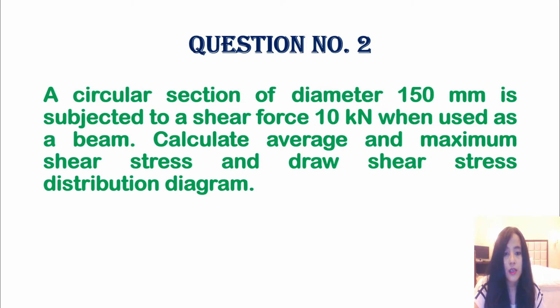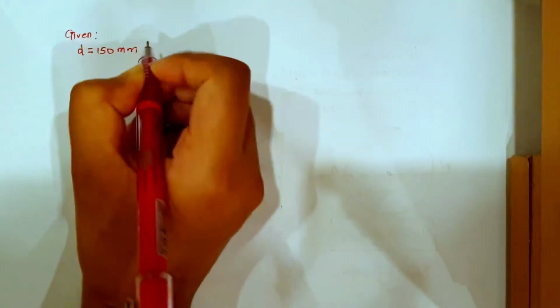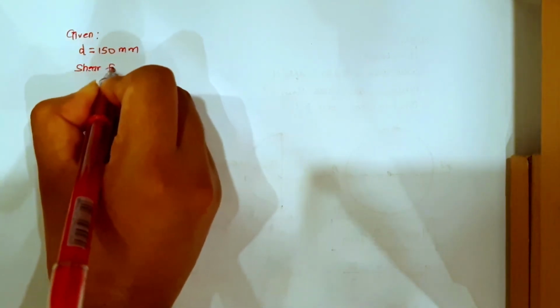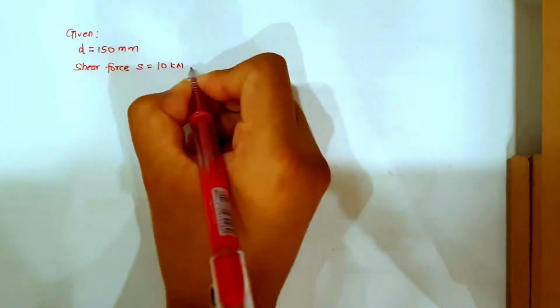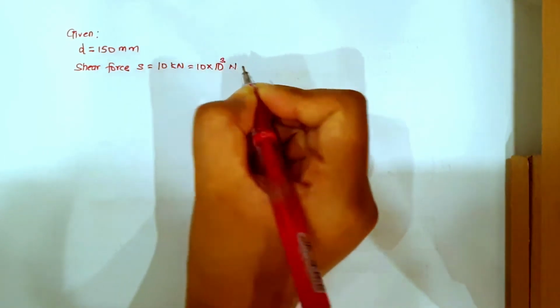Okay, so let us get started. For this numerical, again a circular section is given, and the diameter of this circular section is d equals 150 mm, and again it is subjected to a shear force. Shear force S equals 10 kilonewton, which will be 10 into 10 raised to power 3 Newton.